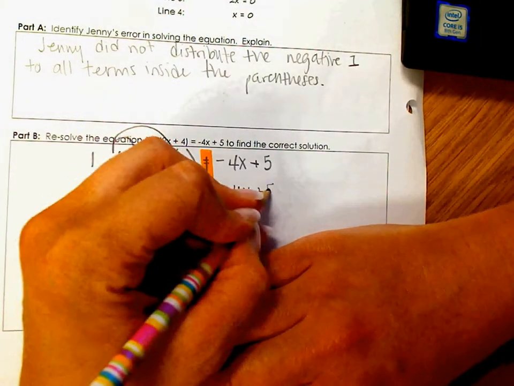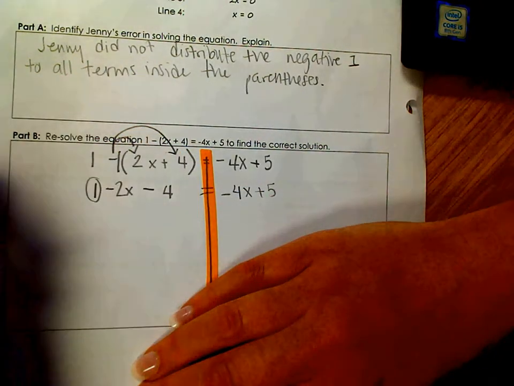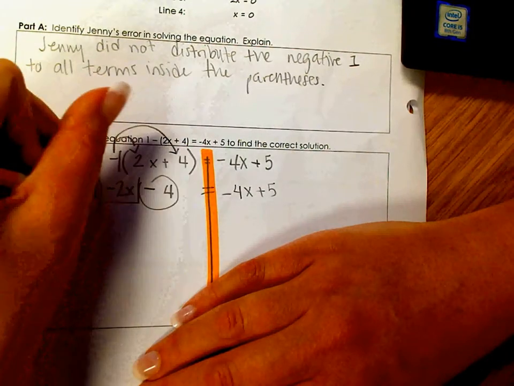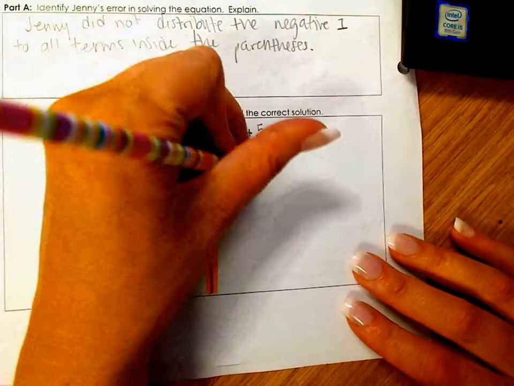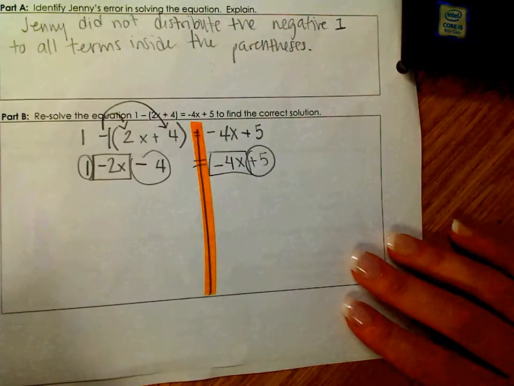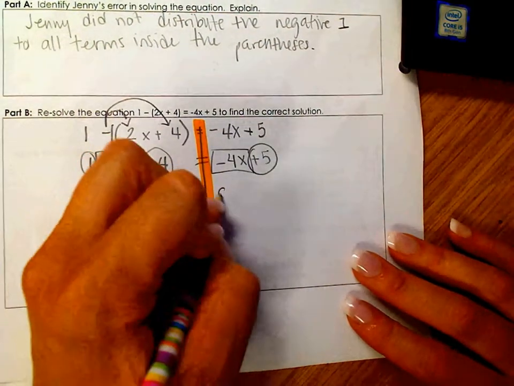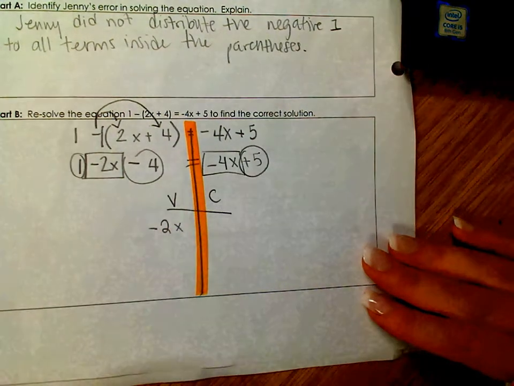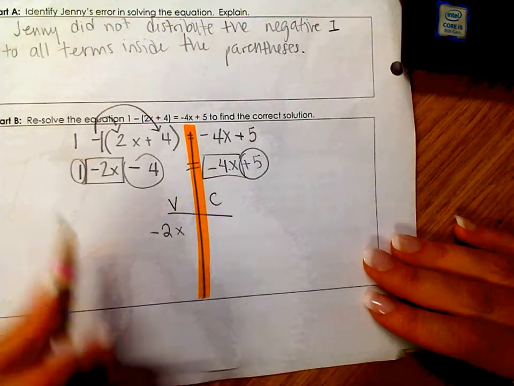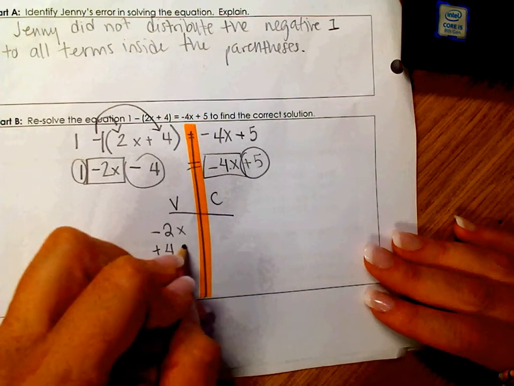Okay. Circle the constants and box the variables. And then do VC. So your variable terms are a -2x, and then a -4x, which is going to become a +4x when you move it.